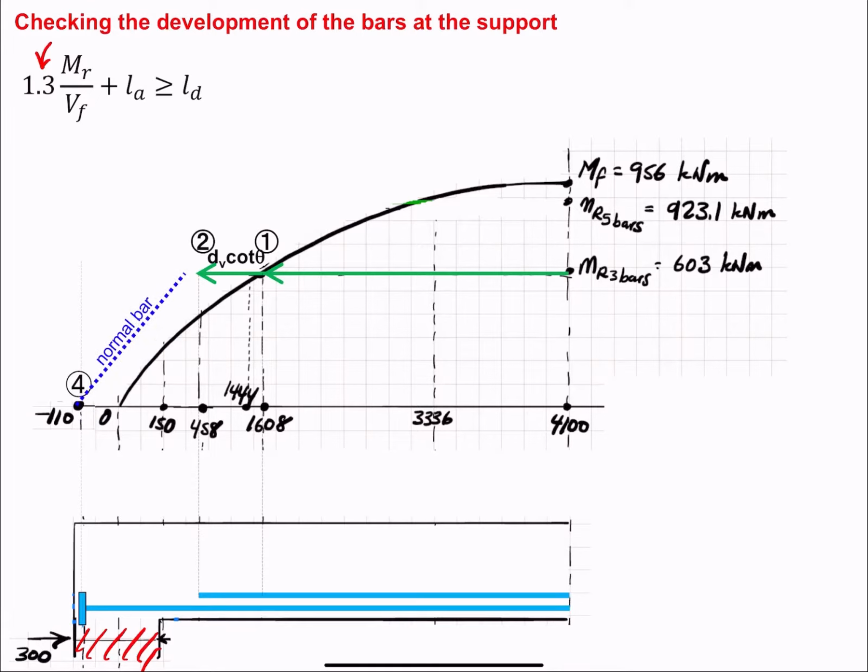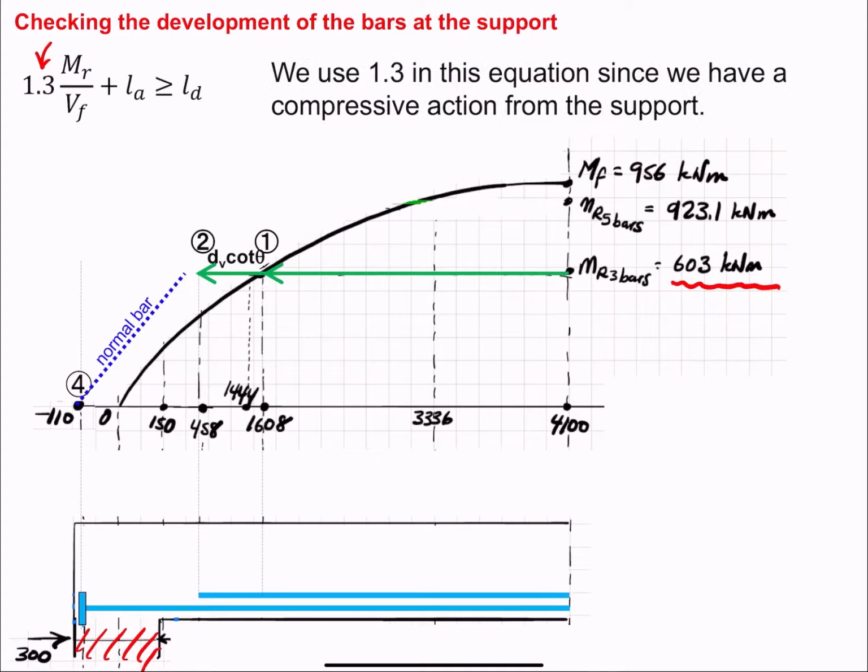If it was a normal bar and we had enough space, this would be the slope we would get, starting from 0 to some value, 603 kilonewton meters, and then 1.3 in the equation because we have a compressive action from the support.